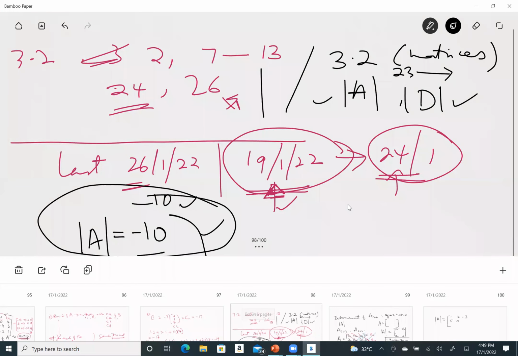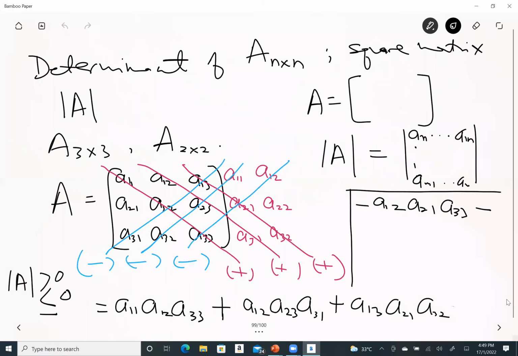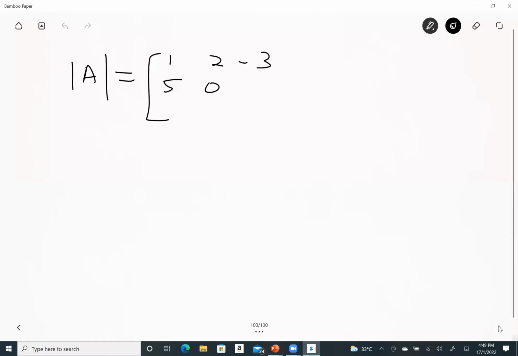Okay, kita cuba buat ya. Let me see. I'll finish in 1 minute. So we have to do this. Okay, you got 5, 0, negative 1.